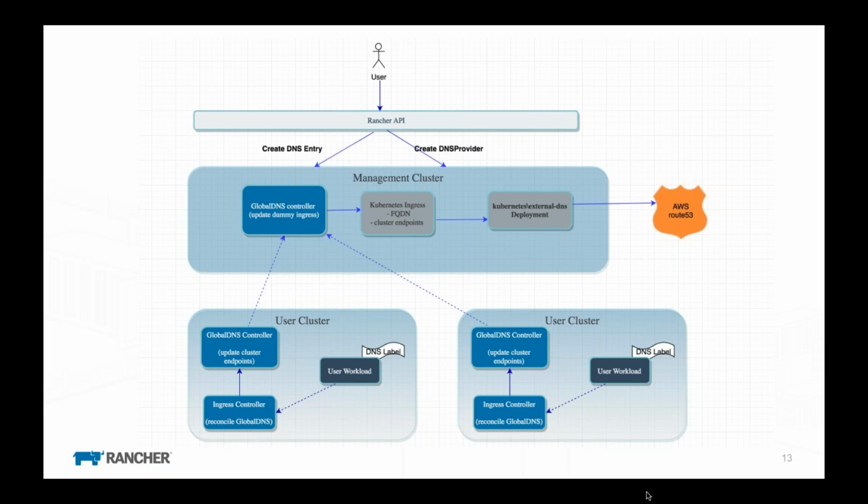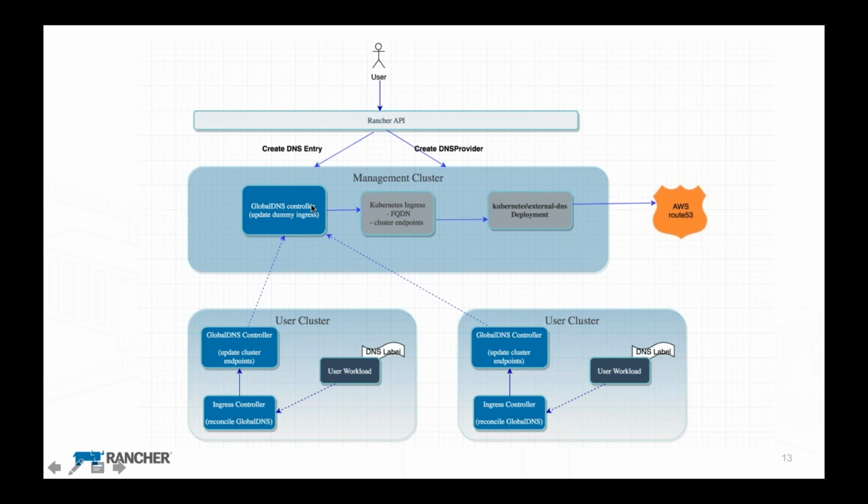To explain this graphically, the user applications are running in user clusters, the target clusters, and the user workloads have ingresses which use a DNS label. Rancher controllers pick up these ingresses. If they match the FQDN of a particular global DNS entry that the user has created, then those ingress IP addresses are picked up and placed onto a dummy ingress in the management layer of Rancher by a global DNS controller.